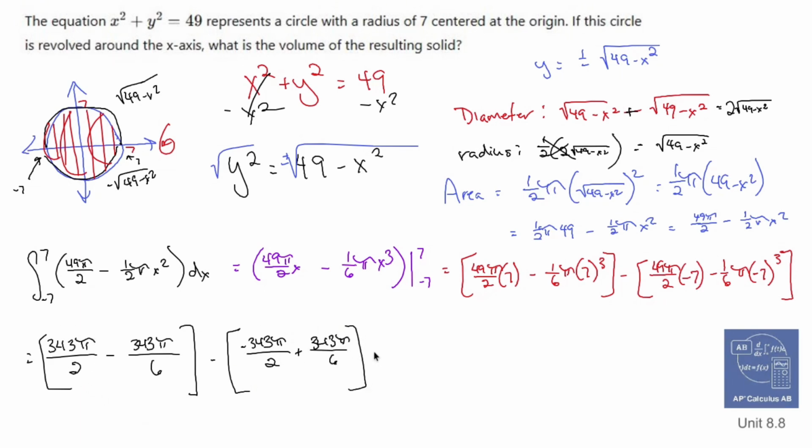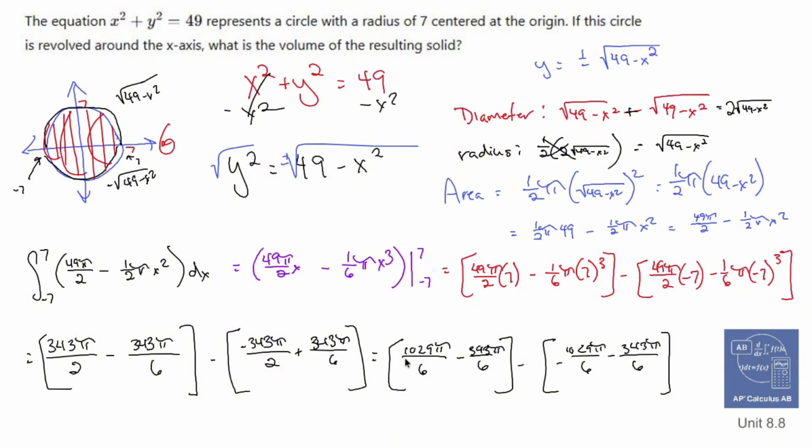If I multiply the top and bottom by 3, I end up with 1,029 pi over 6 minus 343 pi over 6, minus negative 1,029 pi over 6 minus 343 pi over 6.